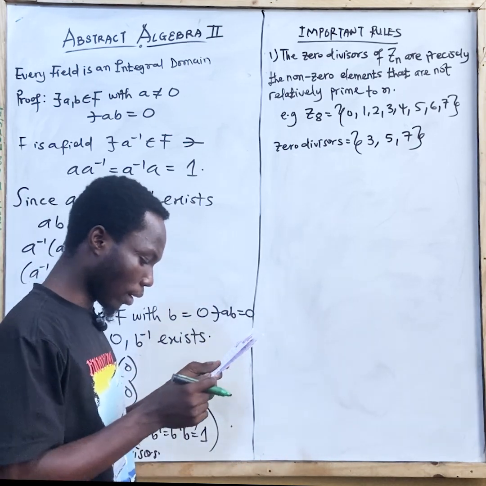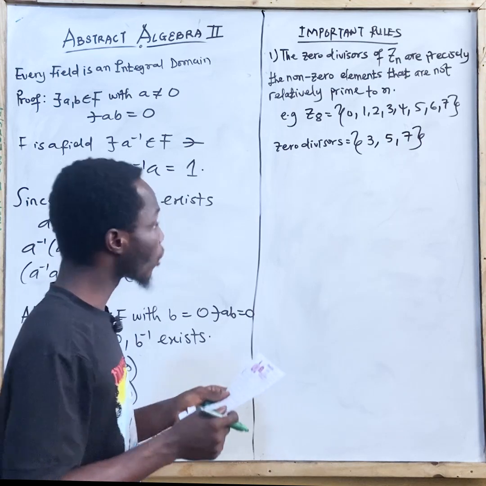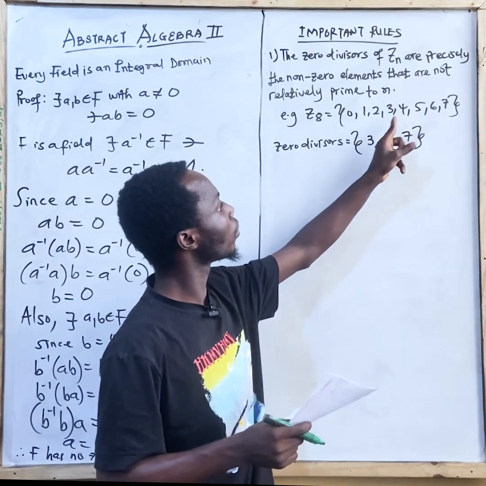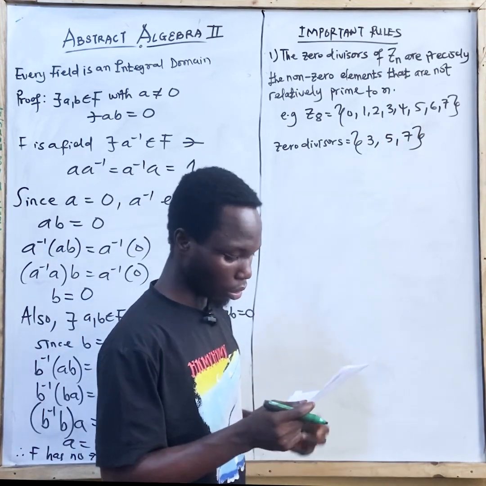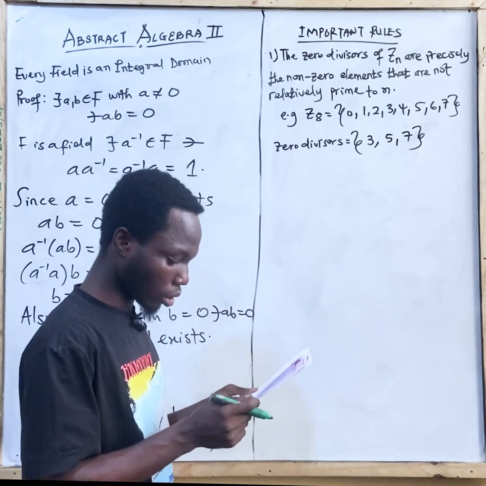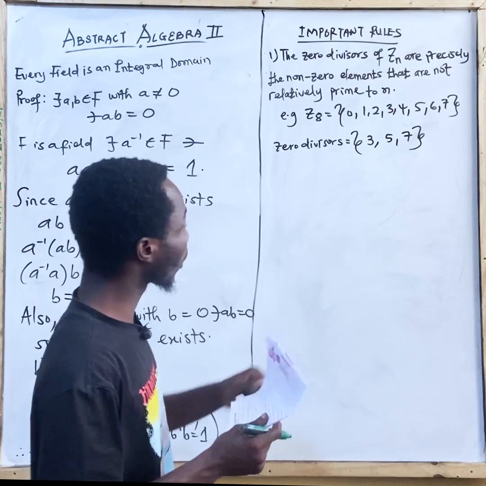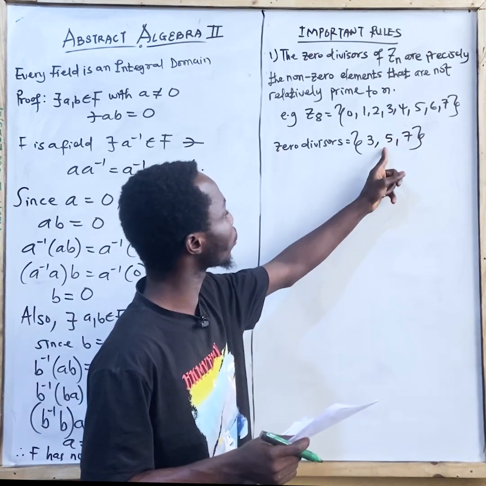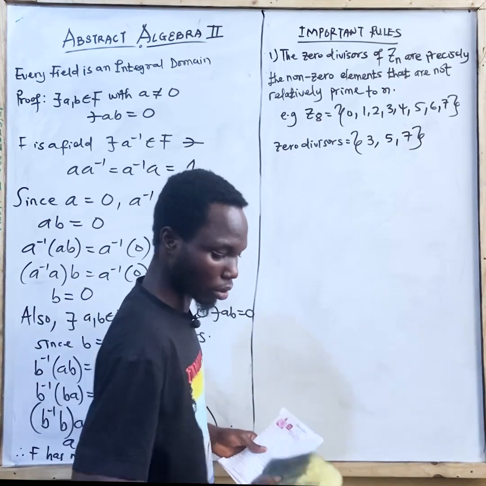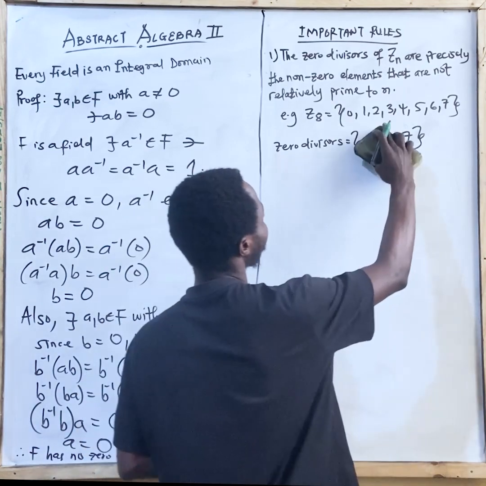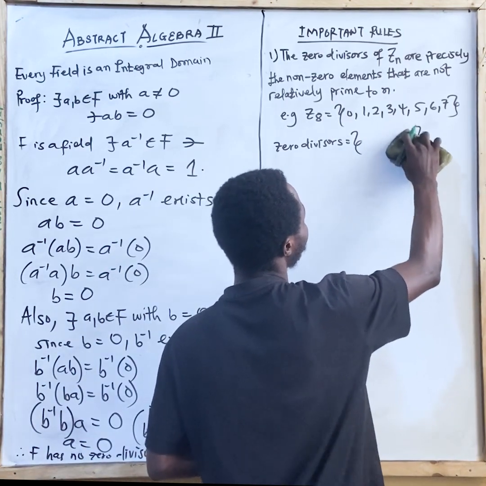So the zero divisors in Z8 are, let me correct that, it should be 2, 4, and 6, not 3, 5, 7.